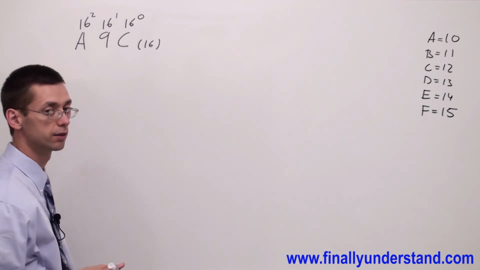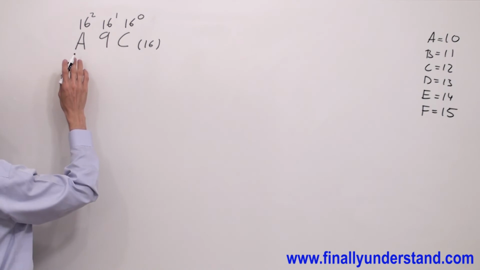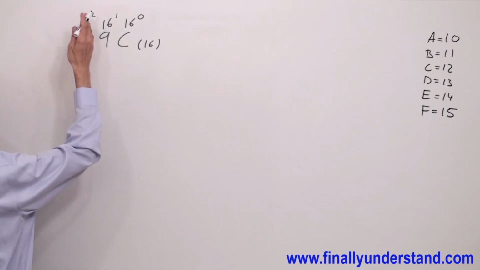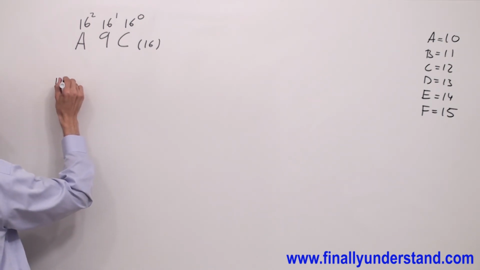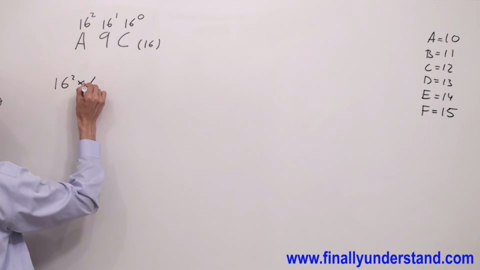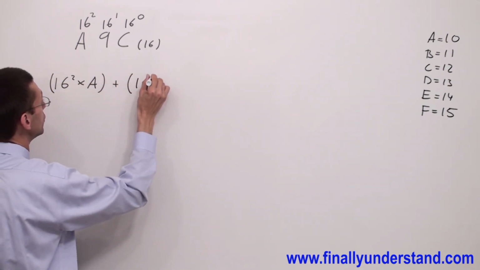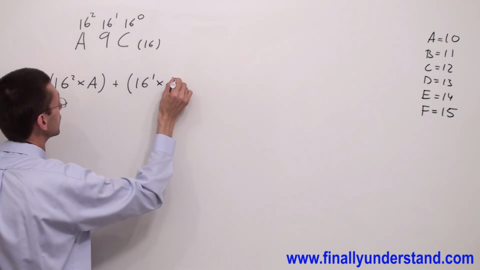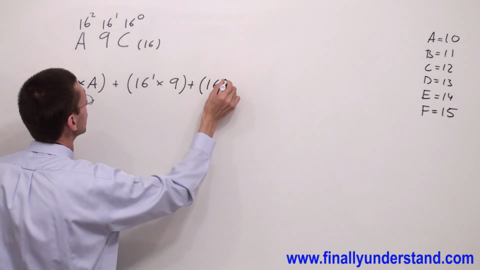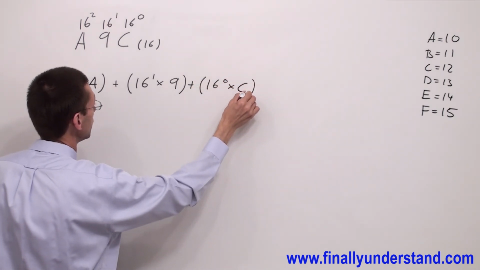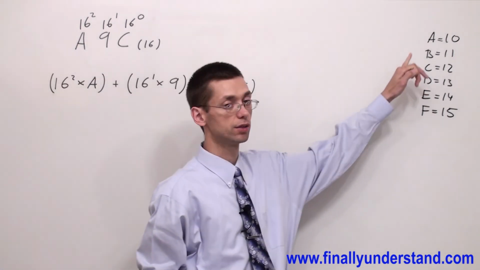Next, we're supposed to write the sum of the products. What I mean by that, you have to just add the products of the weight and the digits. So I have 16 to the second power times A plus 16 to the first power times 9 plus 16 to 0 times C. But you're supposed to keep in mind that A represents 10.